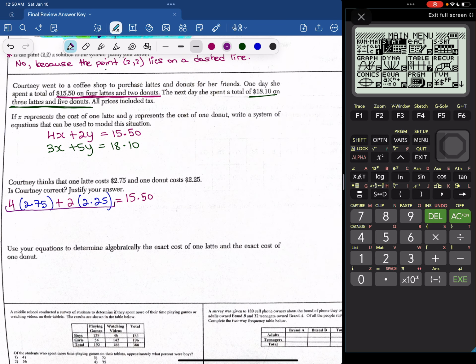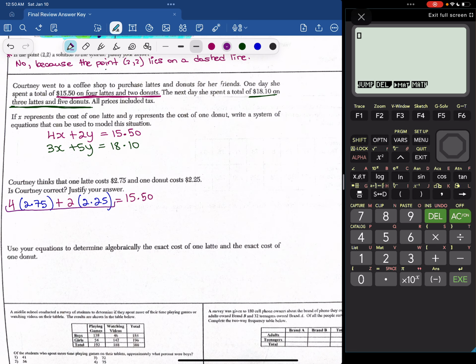So if you just go back to menu, we have 4 parentheses 2.75 plus 2 times 2.25, and that's equal to 15.5.